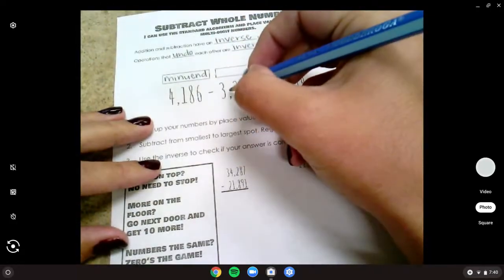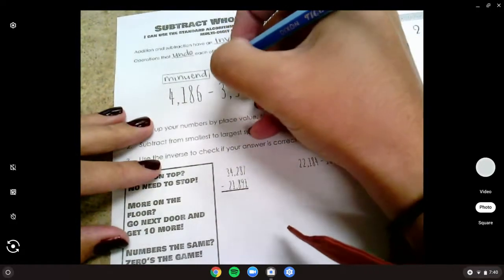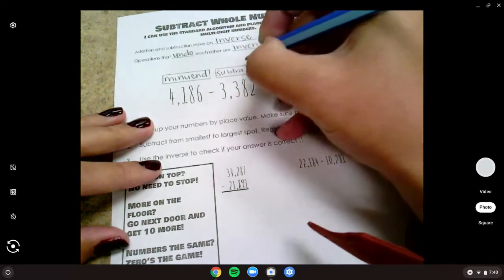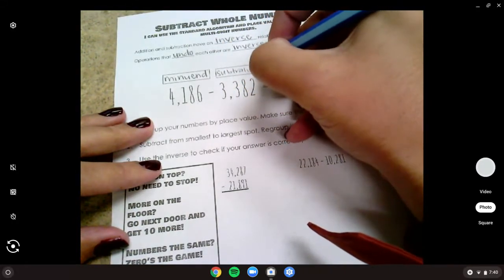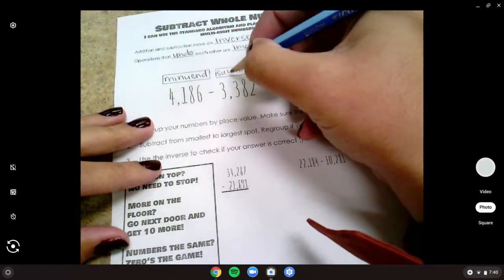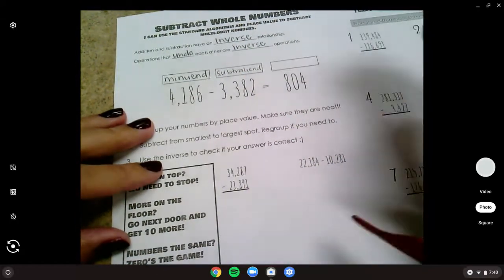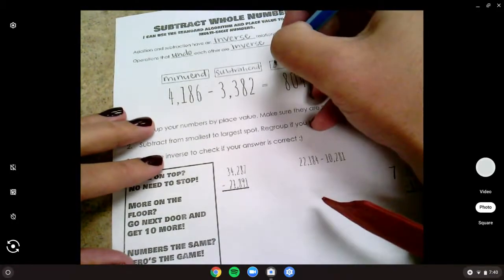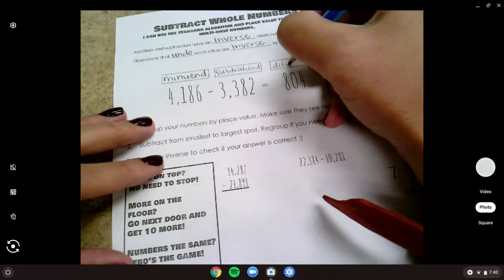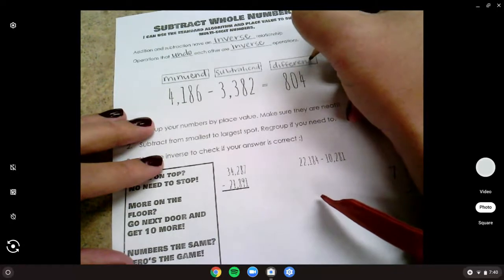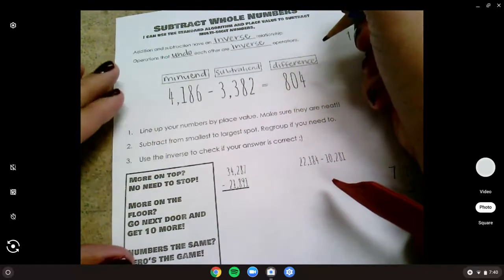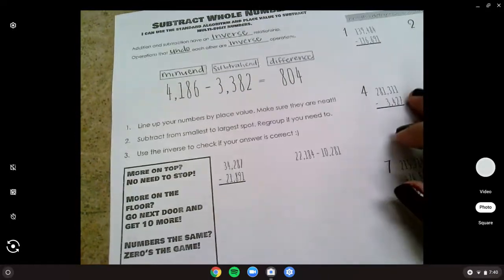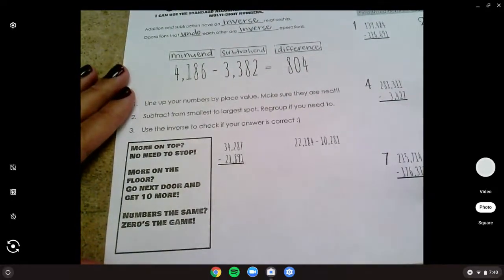Then, the number that we are taking away or subtracting is called our subtrahend. Like we're substituting it out, we're taking it away. And then our answer to a subtraction problem, you probably knew this one, is called a difference. Difference.